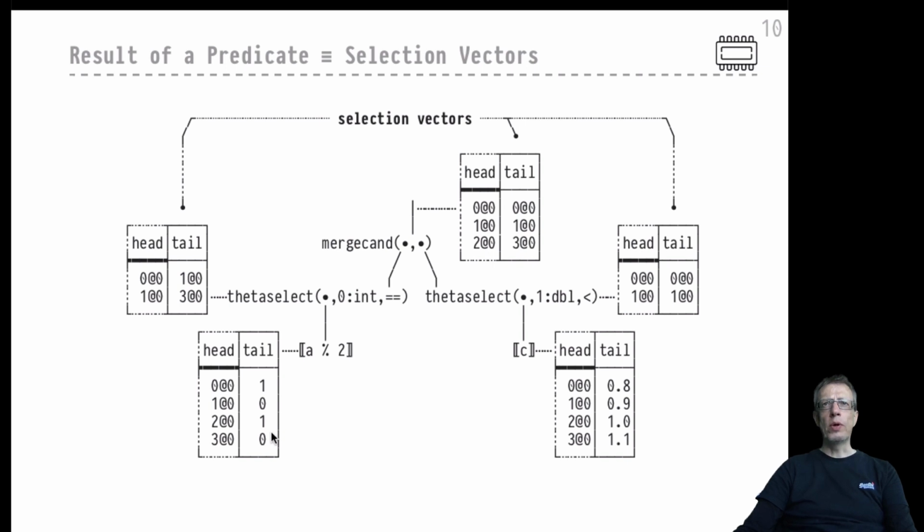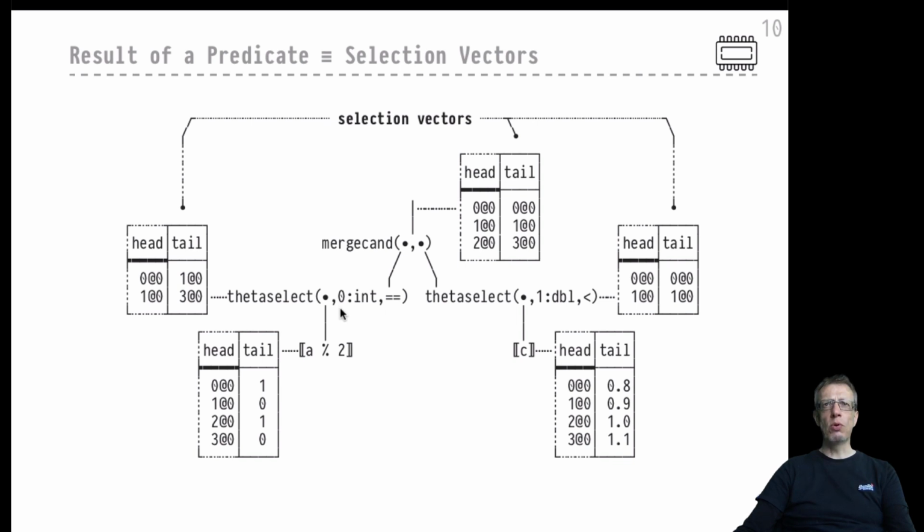We would then compare the tail values in this particular BAT with 0. That's the task of the theta select. So we would feed this into the theta select and compare the tail values with 0. The outcome of the theta select is not a vector of booleans. It's a vector of those rows that could qualify regarding this predicate.